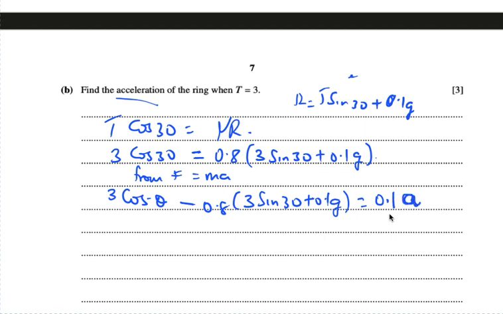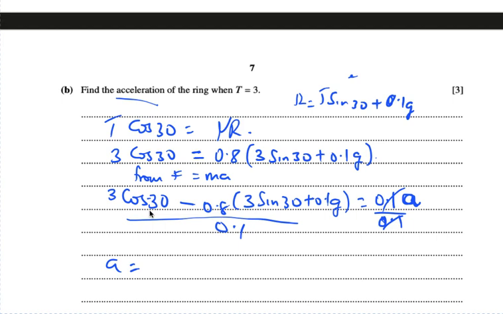This is the a that we want. So dividing immediately by 0.1 on both sides, a is, we just have to simplify that. Remember the angle is 30.